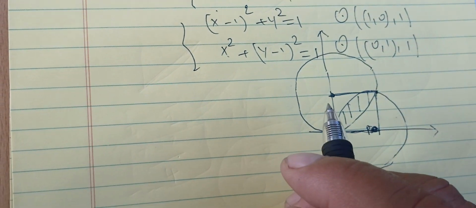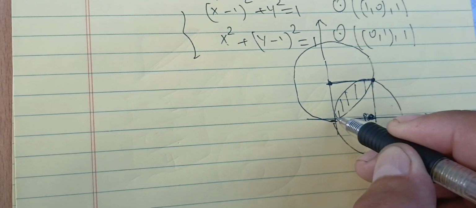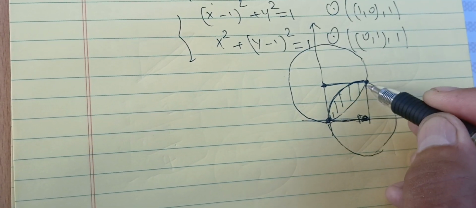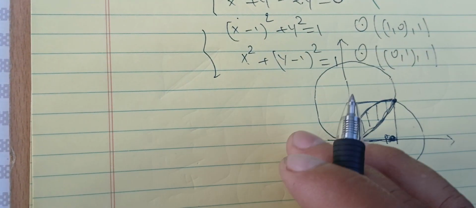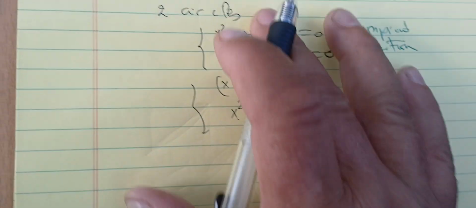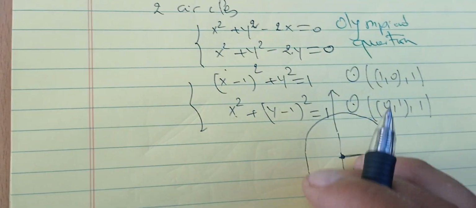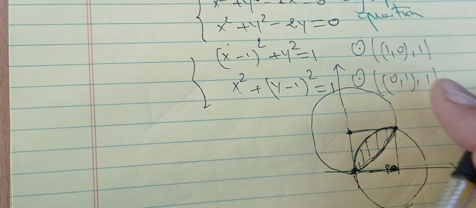Otherwise, to find the area, we need to find the two points of intersection and integrate between them. That is the calculus way. We can solve it without calculus, but we will try to do both.